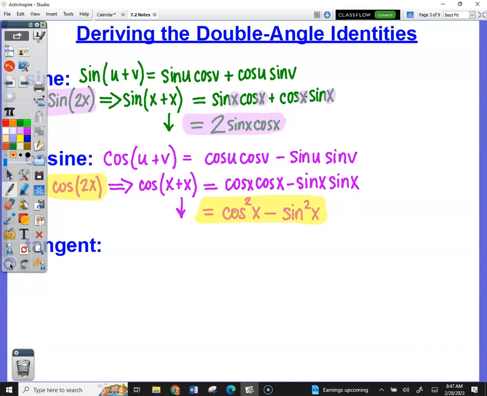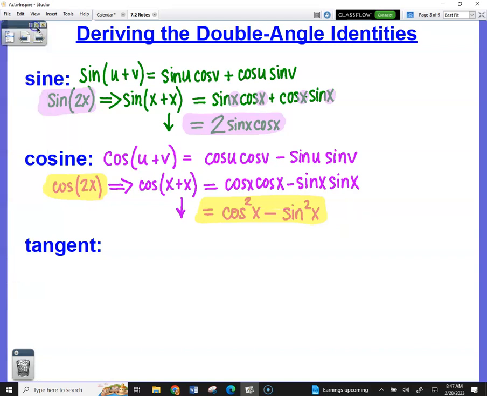Okay. And now we're going to repeat the process, but with tangent. So instead of me throwing the formula on the board and saying, here's the formula, we're going to show you how the formula came about. We're going to recall the formula from 7-1 for tangent when you're adding two angle measures together.